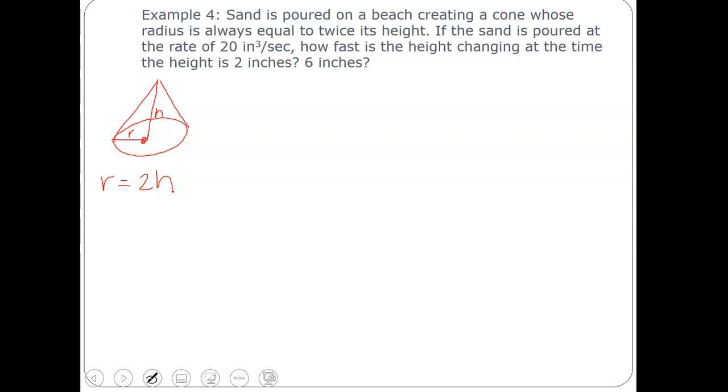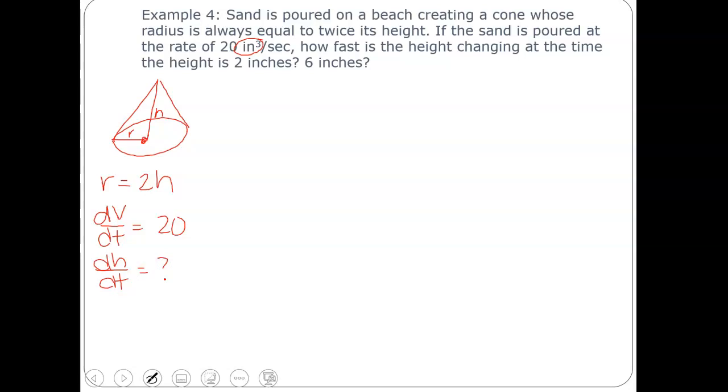If sand is poured at a rate, so anytime it's in cubes, that means it's dV dt. At a rate of 20 inches cubed per second, how fast is the height changing? So the height changing means we are looking for dh dt.